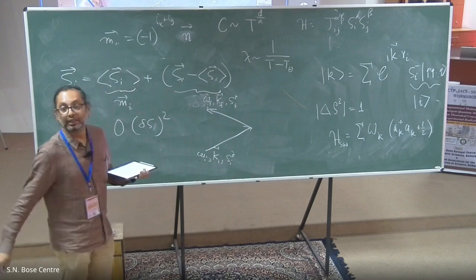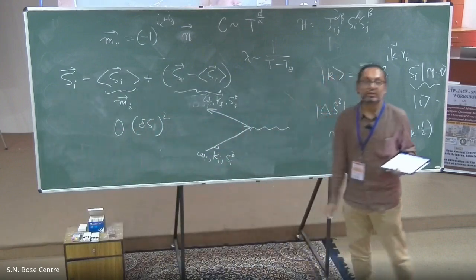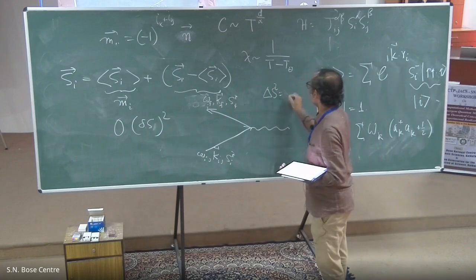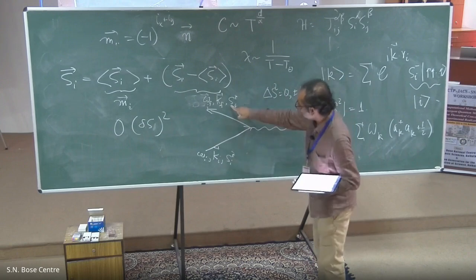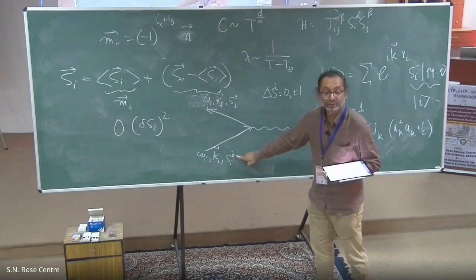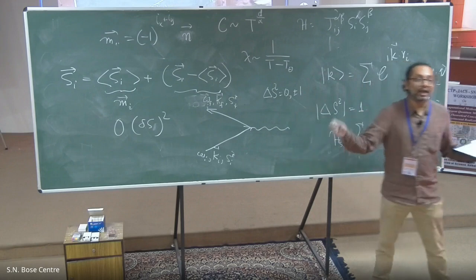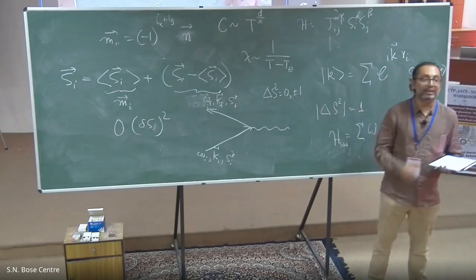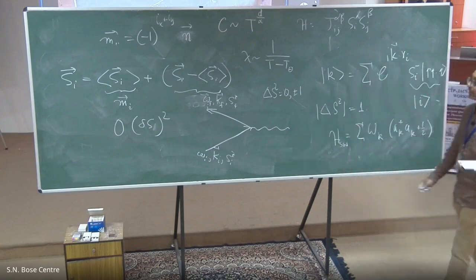The initial and final, and this may get transformed into a magnon. This delta Sz can be 0 or plus or minus 1, the difference between the final and the initial spin of the neutron. If it is 0, that's an elastic scattering. If it is plus or minus 1, that's an inelastic scattering with the magnon, which transfers some energy and flips a spin.